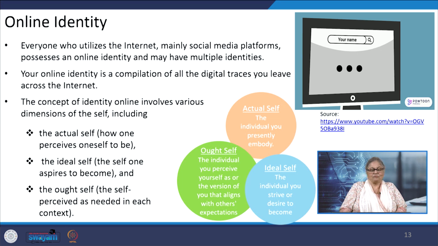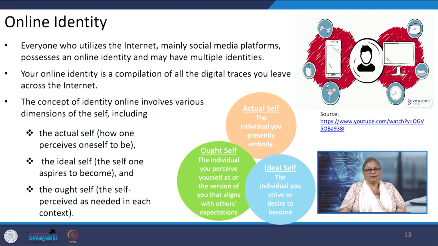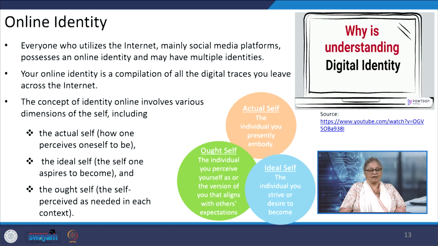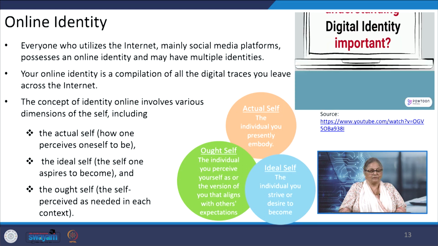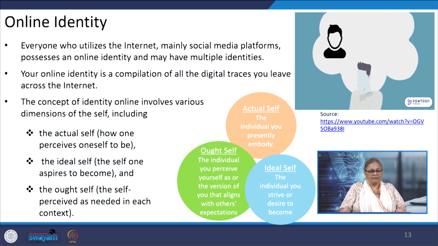The concept of identity online involves various dimensions of the self, including the actual self, the ideal self, and the ought self. The actual self is how one perceives oneself to be. The ideal self refers to the self which one aspires to be, and the ought self is the self perceived as needed in each context.